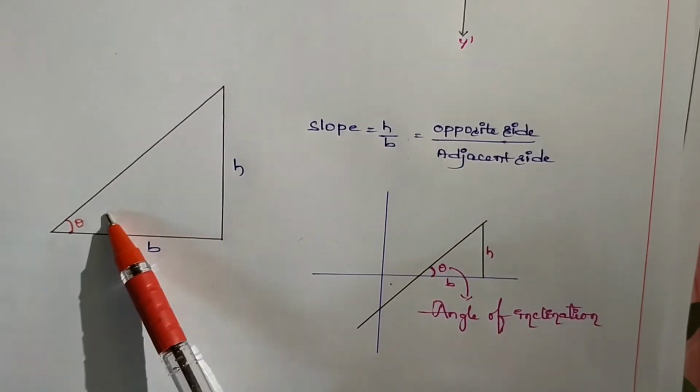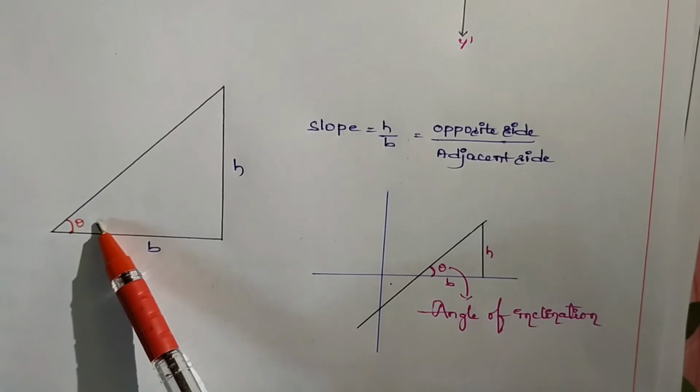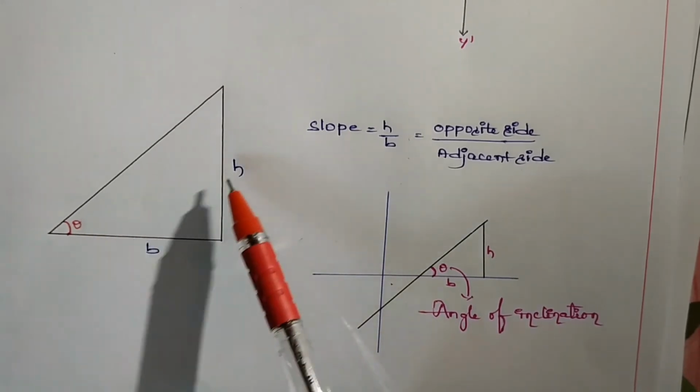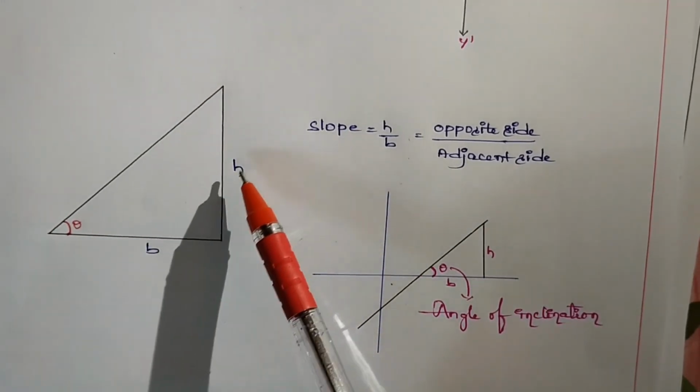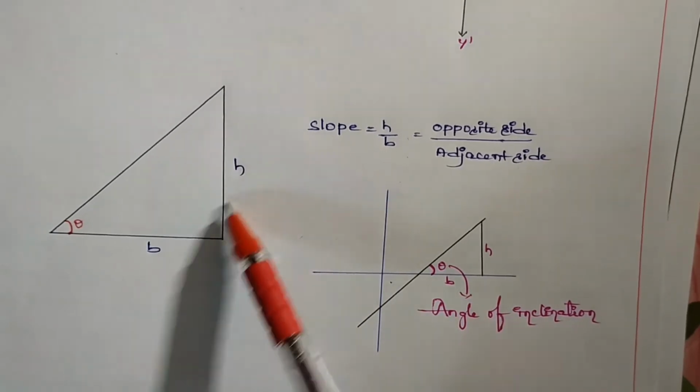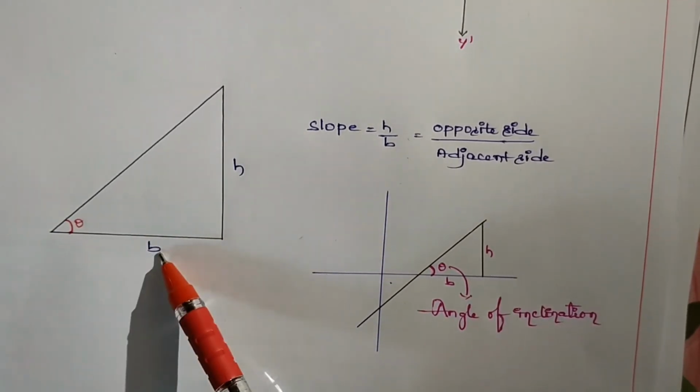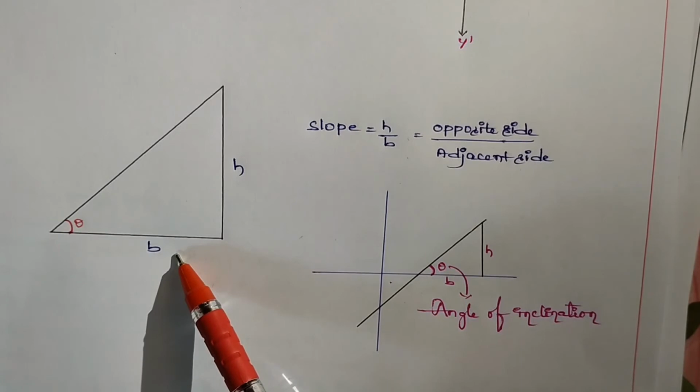That is, slope is equal to h by b, which is nothing but the length of the opposite side by the length of the adjacent side, which is nothing but tan theta.